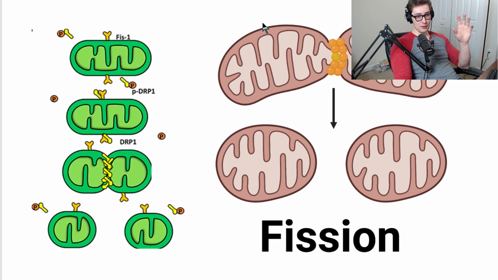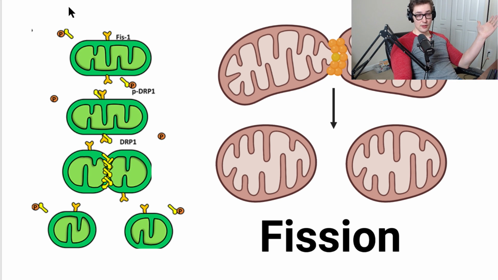If those receptors are activated and DRP is activated, then DRP will move from floating around the mitochondrion and will then bind to the receptor. One of those receptors is called Fis1. Others are called MID49, MID51, and MFF. Those are the big ones, the ones that we know of, and those may be the only ones that exist. But the point is that there are multiple receptors for DRP.